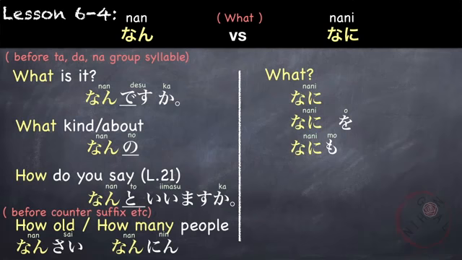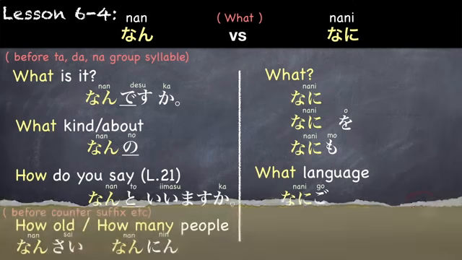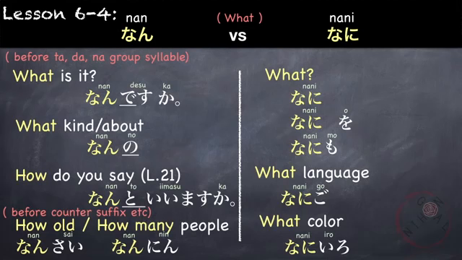So if you remember from lesson 5, we learned doko mo, which means not anywhere or nowhere. Here, nani mo followed by a negative verb means not any or nothing. Nani is also used before the word go, which means what language, nani go, or what color, nani iro. Iro means color, which you would learn in a future lesson. But for the meantime, just memorize these words, when to use nan and when to use nani.